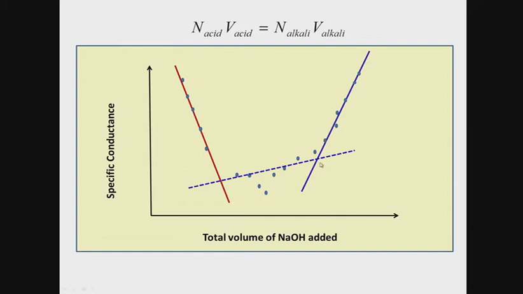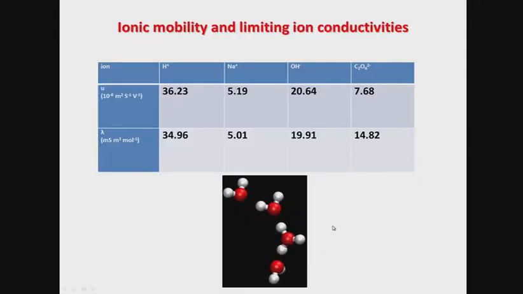And these 2 points correspond to the 2 endpoints expected when you neutralize a weak dibasic acid like oxalic acid. To have a molecular picture and justification of why this particular volume is taken as the value of V alkali, let us have a quick look at what is happening inside the titration mixture.